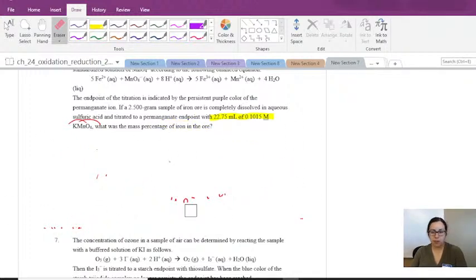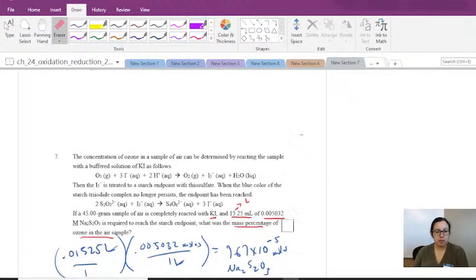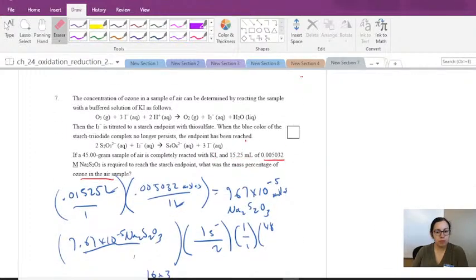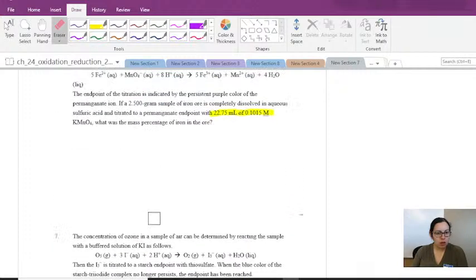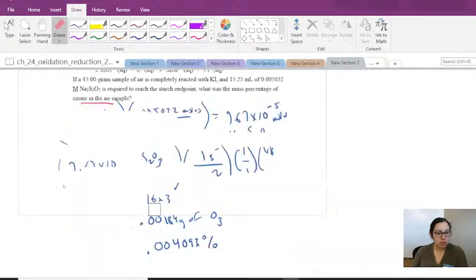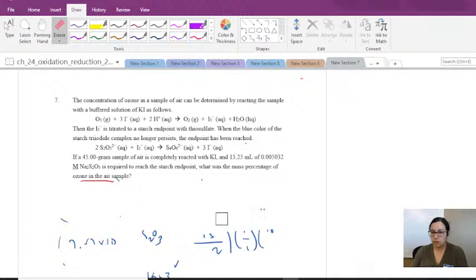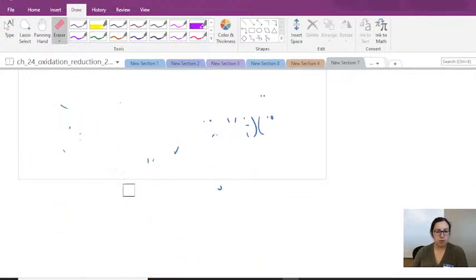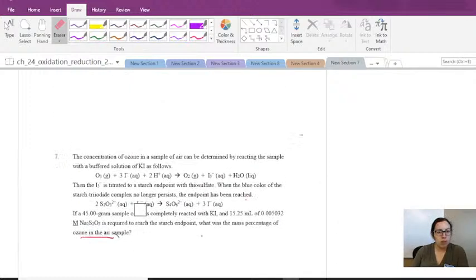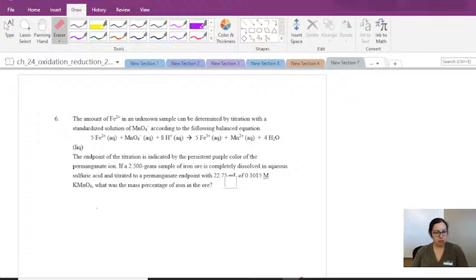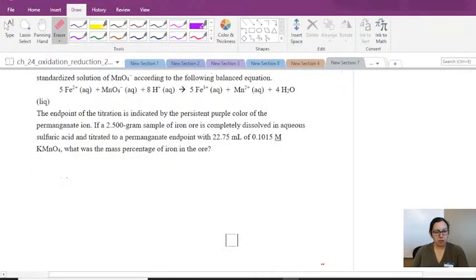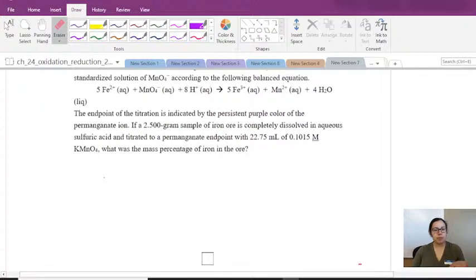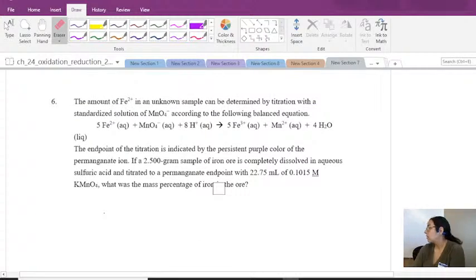It's just whatever you're feeling like you need the most practice on. Do you want to do 6 or 7 then from the homework? Okay, see if we can do both then. So let's look at 6.